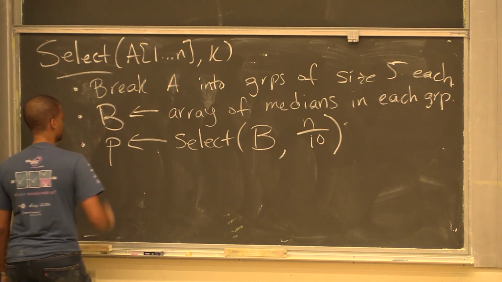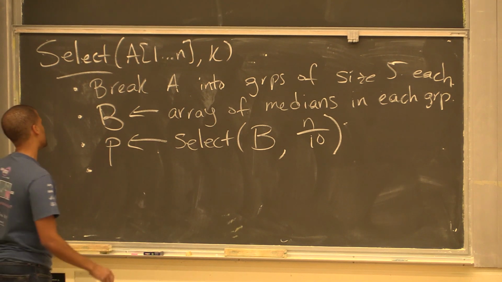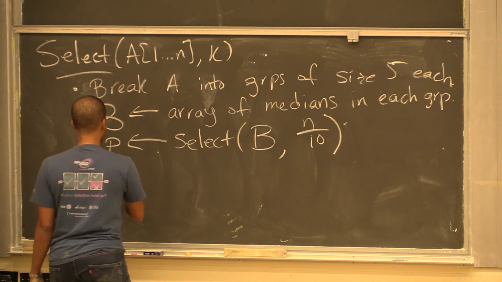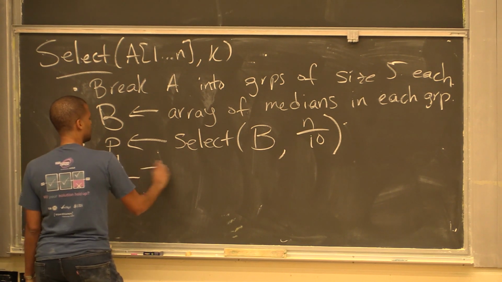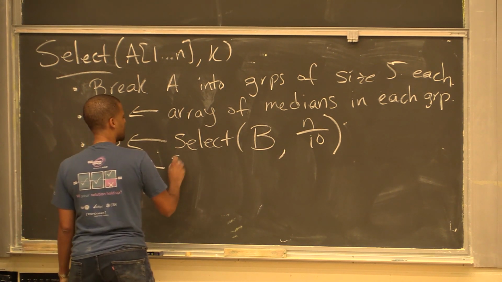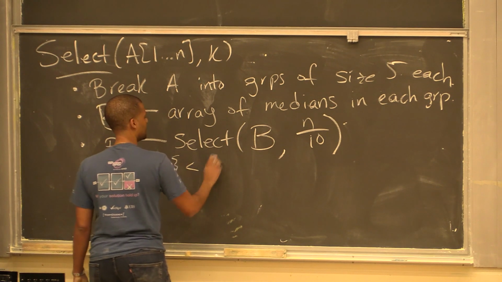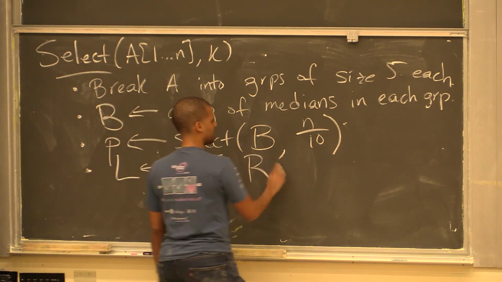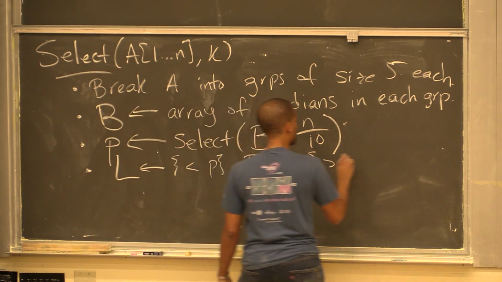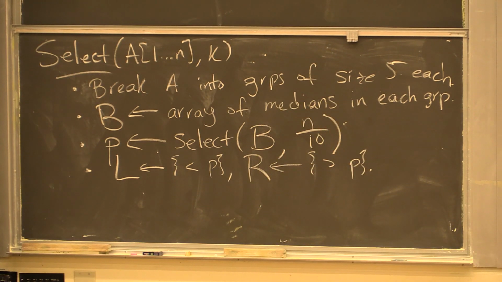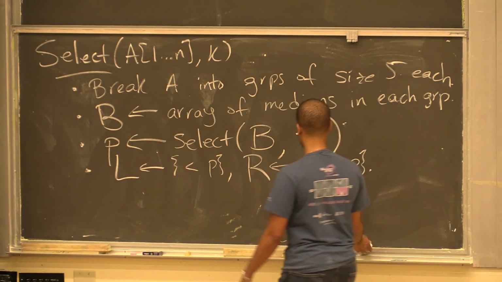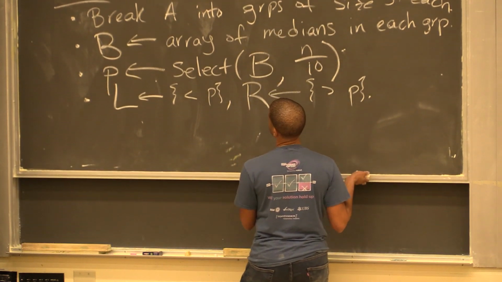And then now I'm going to do a pivot. So I'm going to say that, let's say that L are the set of things that are less than P, and R are the set of things that are greater than P. So I just made up this notation, but you can basically get L and R from a linear scan over the array. And then I need to recurse again.